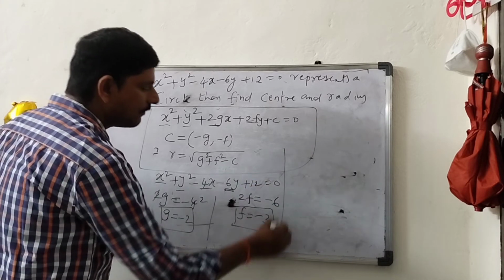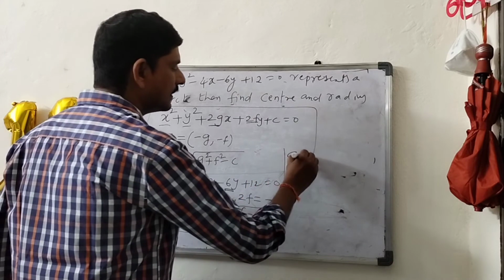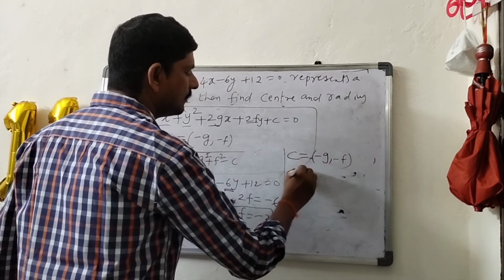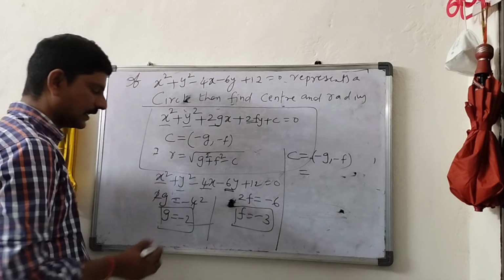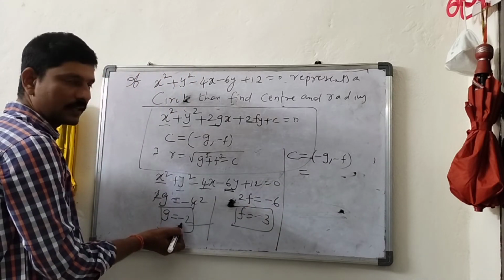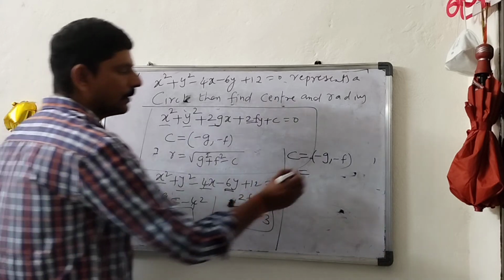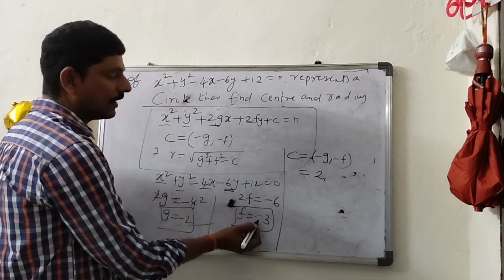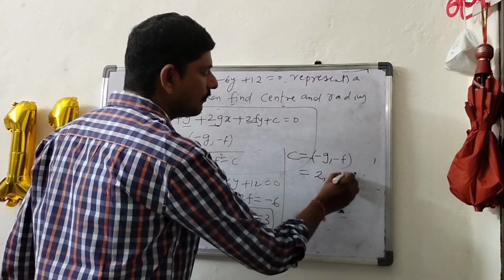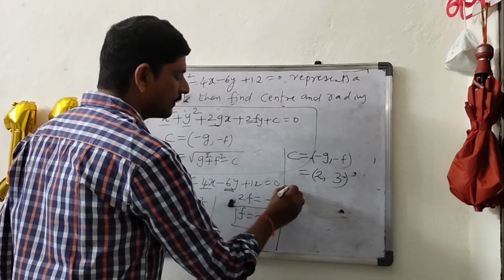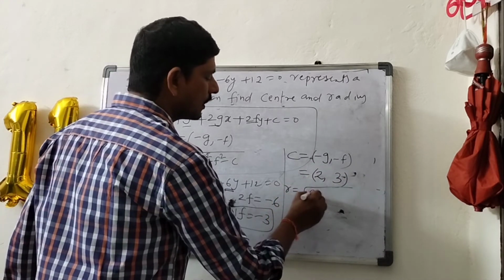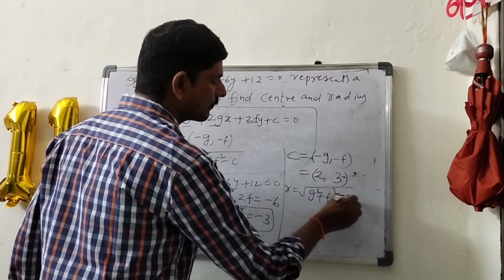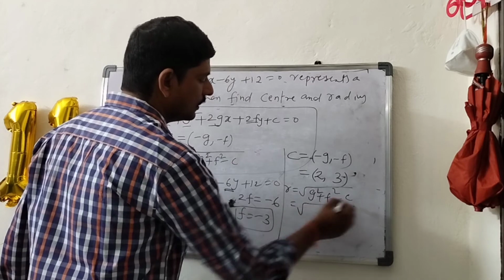Now what is the formula for center? c equal to (minus g, minus f). Remember that (minus g, minus f) is the formula to find the center. So already here minus 2 is there. Minus of minus 2 is 2. Already here minus is there. Minus of minus 3 is 3. Okay. Now radius. Radius formula is root of g square plus f square minus c. So g square.